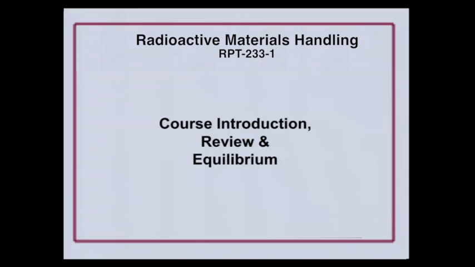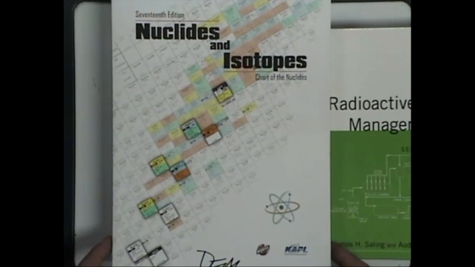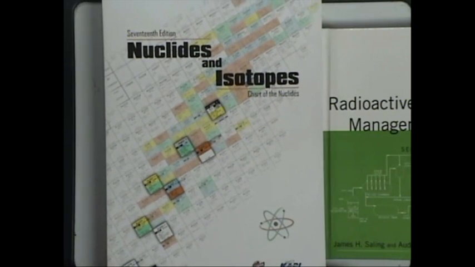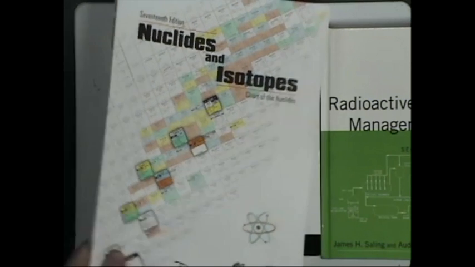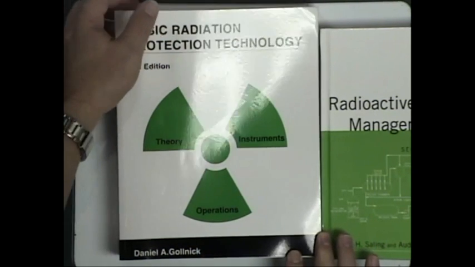I need to make sure that you also have the proper reference material and textbooks. Of course, the chart of the nuclides that you've used throughout the course, we'll still be using that, and without a doubt we'll still be using Radiation Protection Technology by Daniel Gollnick as our main textbook.